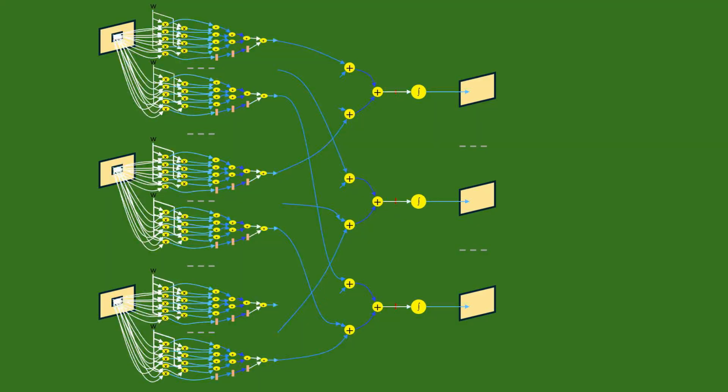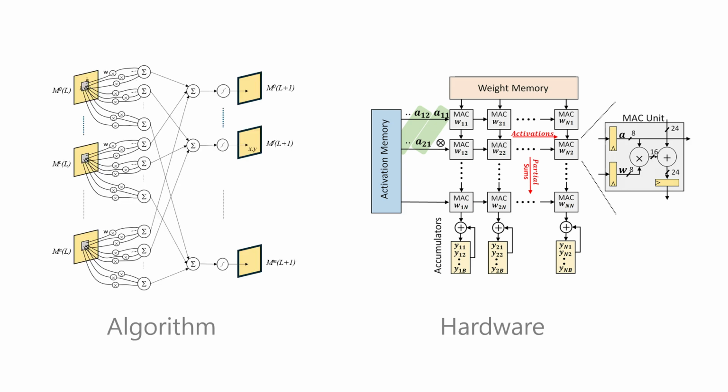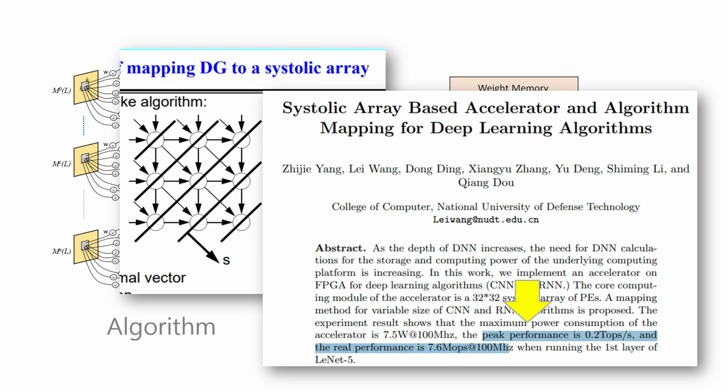This method is in contrast to existing general-purpose computational architectures that fix the hardware structure regardless of the structure of the algorithm and convert the algorithm to fit the hardware architecture and compute. In these architectures, inefficiency mainly arises from the difference between the hardware structure and the algorithm structure.